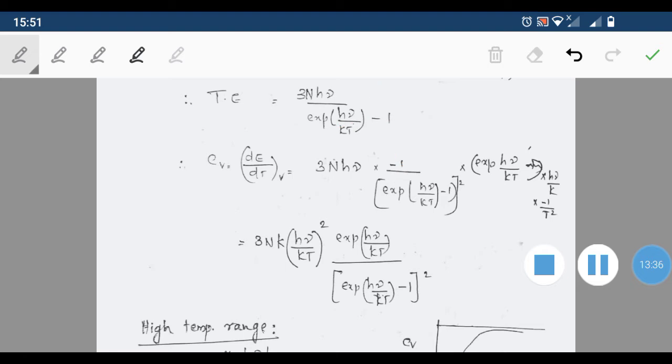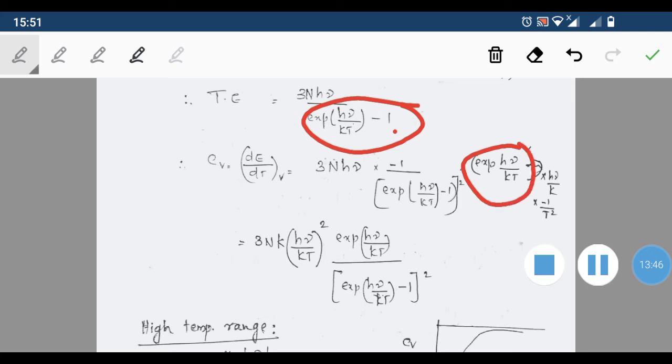So that is minus 1 by exponential h nu by kT minus 1 the whole square, into the differential of this expression with respect to T. The differential of the exponential is again exponential h nu by kT. Then the factor h nu by k is a constant. Then the differential of 1 by T is minus 1 by T square.